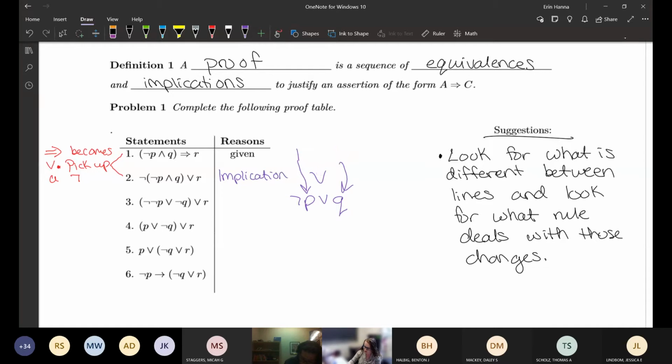And then you always list the step that it came from. Most of the time you're just going to be using the step directly above it, but as we'll see in a second, sometimes you have more than one given, so things get a little more all over the place. But to get from line 1 to line 2, we use implication on line 1. So we're going to write a little 1 over there.